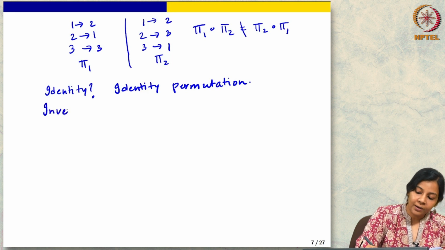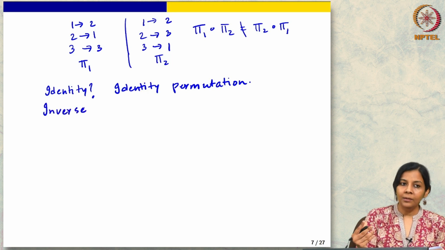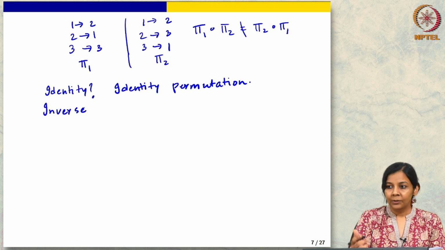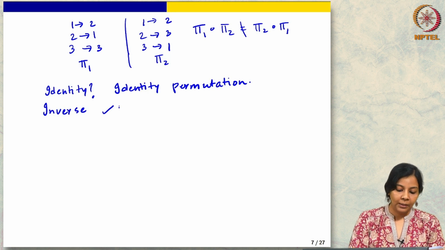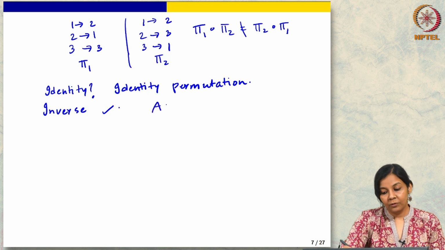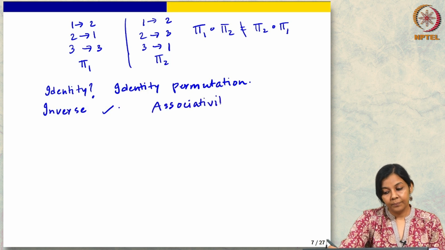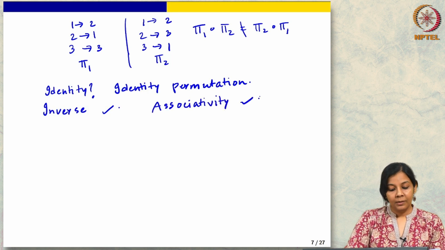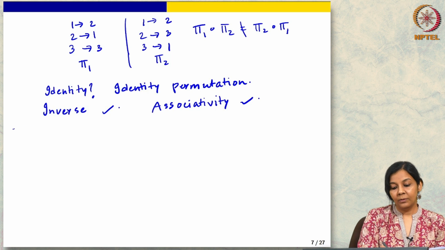For every permutation you can invert it, so that also gives you an inverse. And you can also check associativity. So, this is one group.